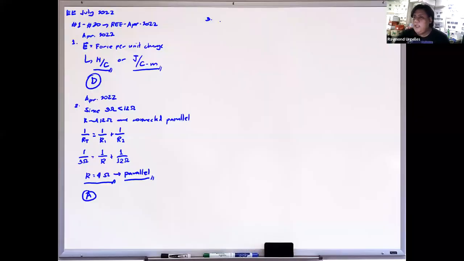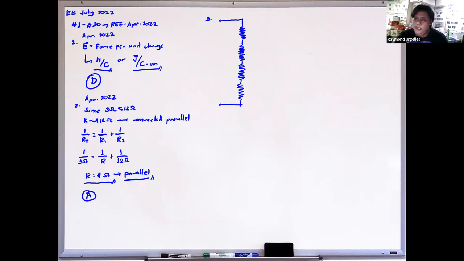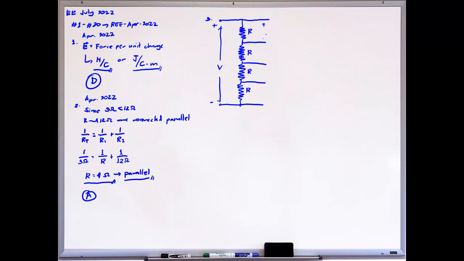We have, according to the problem, 4 resistors. Let's call each of them R, R, R, R. And again, let's say that the voltage across them is V. The voltage across any of the resistors, this is positive and negative, so the voltage across any of the resistors is VR.